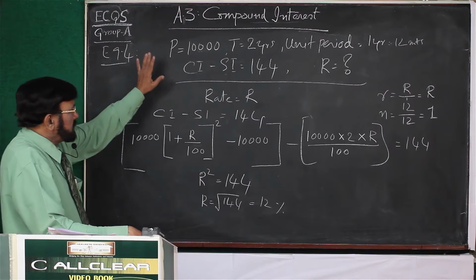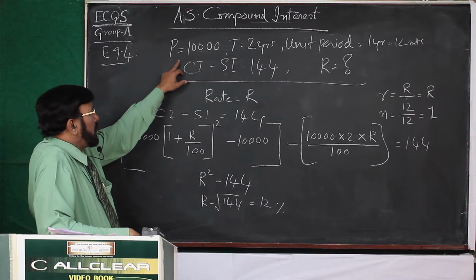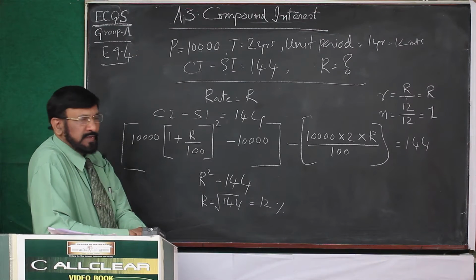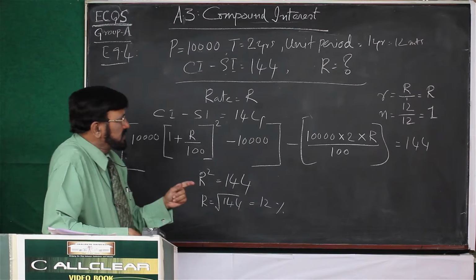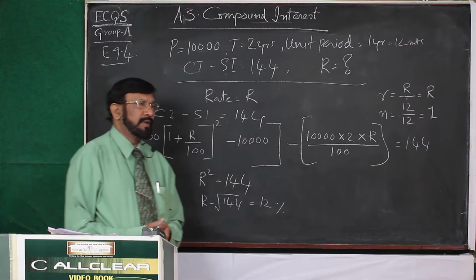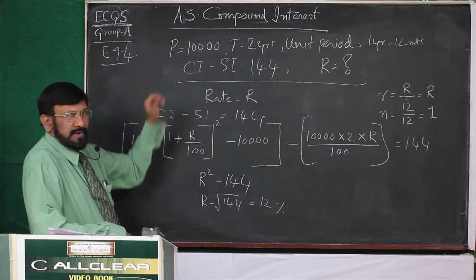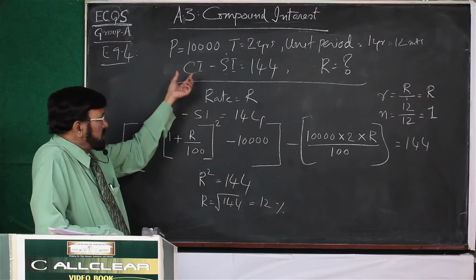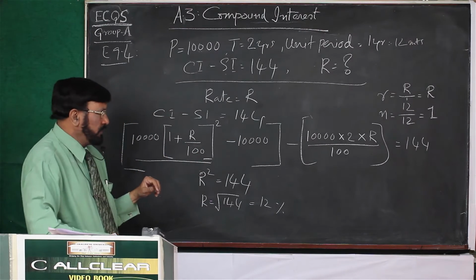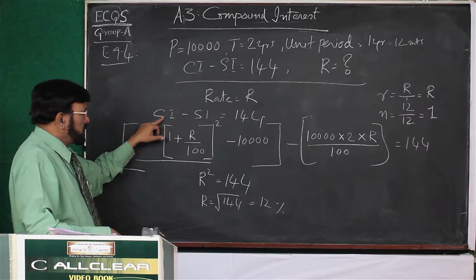So, this is a different problem. In this, what information is given? P is given, T is given, unit period is given, and the difference between compound interest and simple interest is given. R is not given, you have to calculate R. Then what is the strategy? Now, one clue is given. For compound interest, the amount formula we know, and minus P, then we can calculate compound interest.